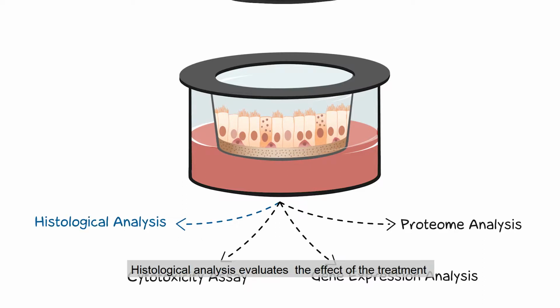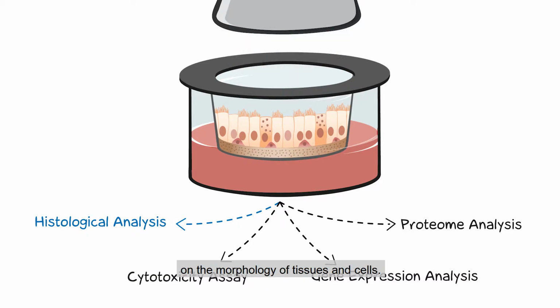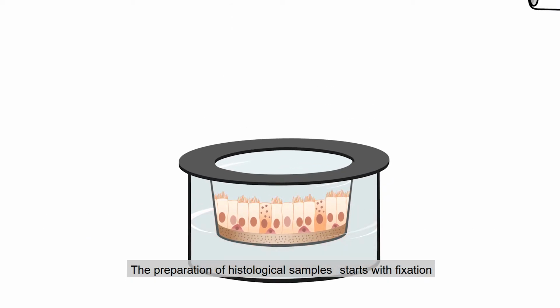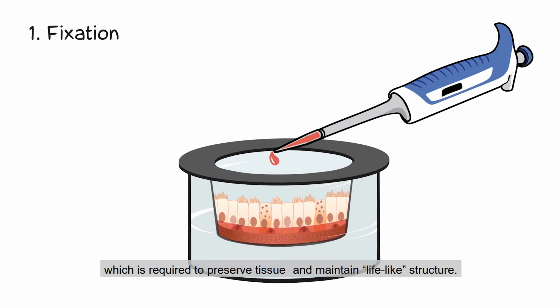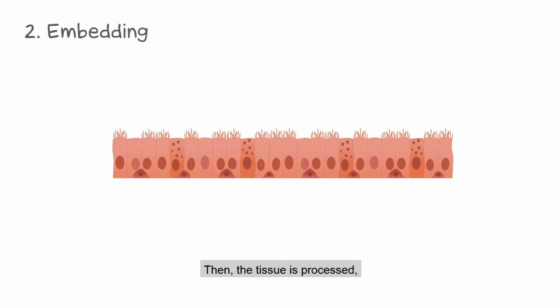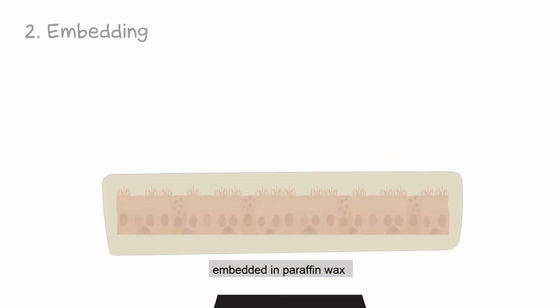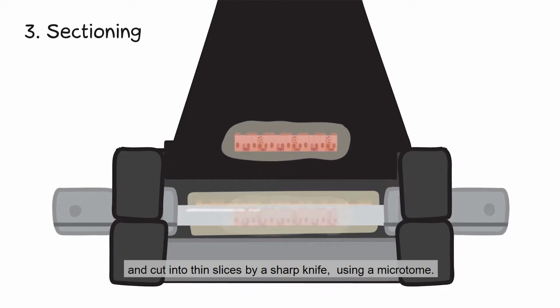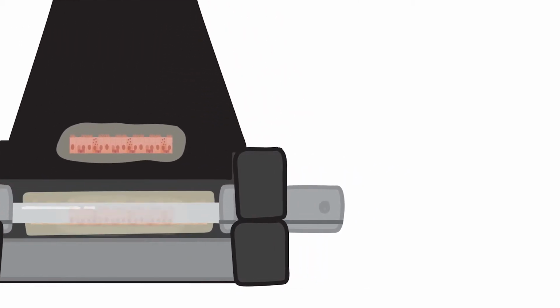Histological analysis evaluates the effect of the treatment on the morphology of tissues and cells. The preparation of histological samples starts with fixation, which is required to preserve tissue and maintain lifelike structure. Then, the tissue is processed, embedded in paraffin wax, and cut into thin slices by a sharp knife using a microtome.